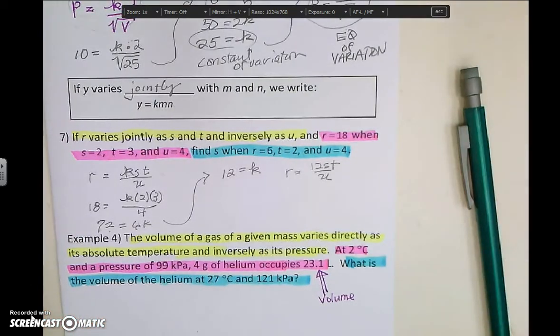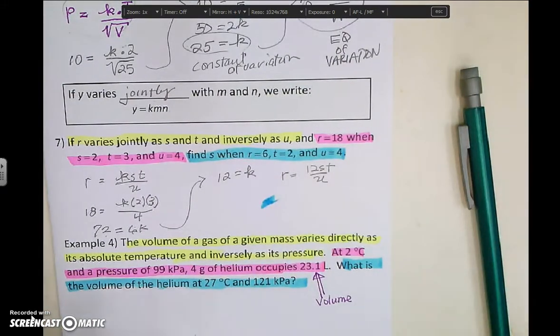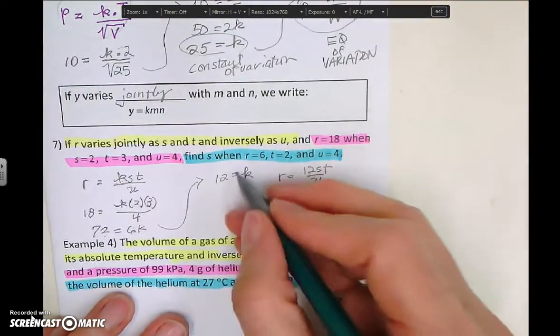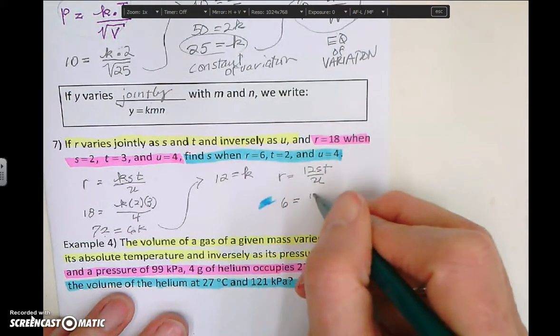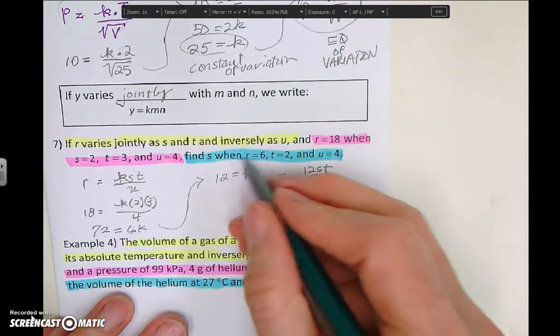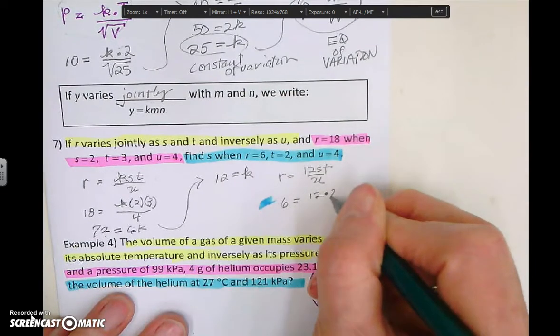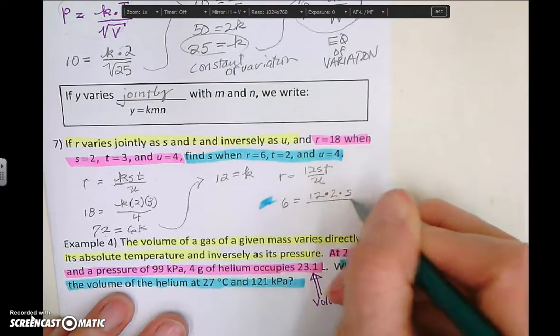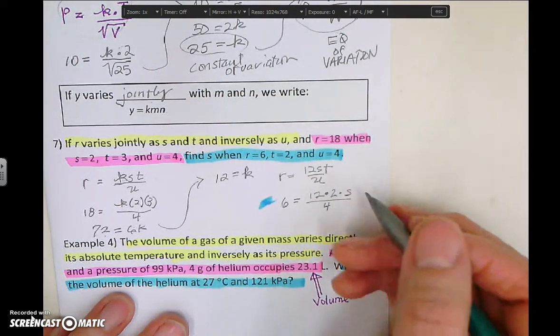So now I'm ready for this blue statement here. I'm going to plug that in and say R is given as 6. S is not given, but T is 2, so I'm going to put 12 times 2 times S over U, which is 4. So we need to solve that.